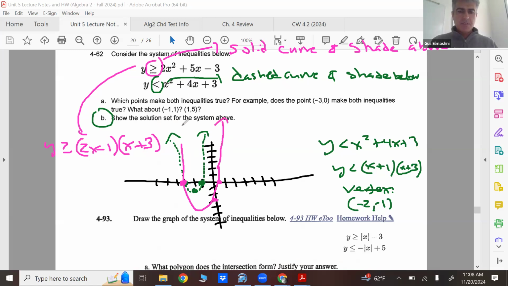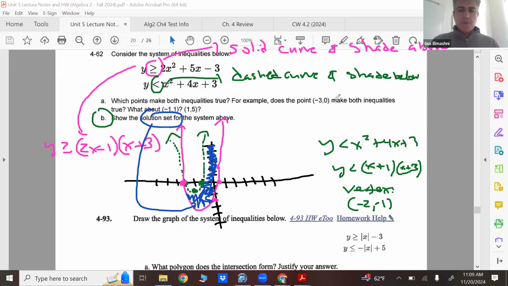So I got a shade above that, but below the green. So how do you think that's gonna look? So just in that part there. It's gonna be in between, yeah. That's my solution set. Because you're going above the pink and below the green. So you're just looking at those boundaries.